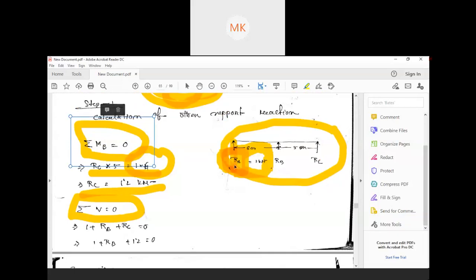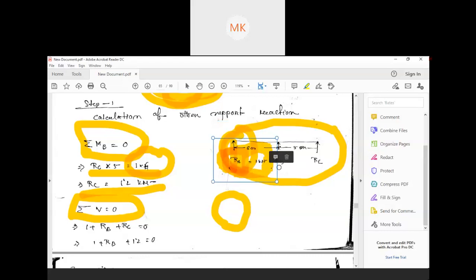Once you see, we are already assuming this RA as 1, because we need to consider one unit for unit load, 1 kilonewton, or you can say 1 unit. So we have already assumed that this RA is 1, as you can see here it is written 1 kilonewton.